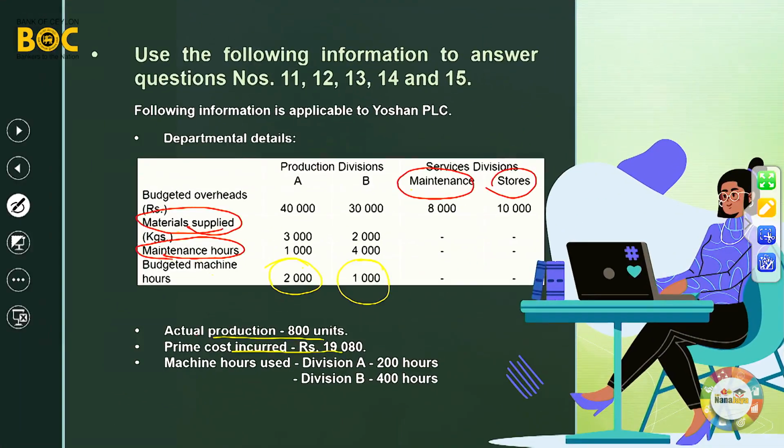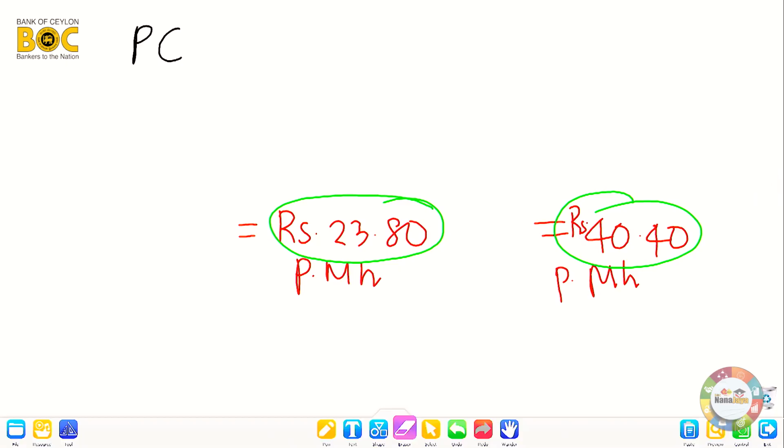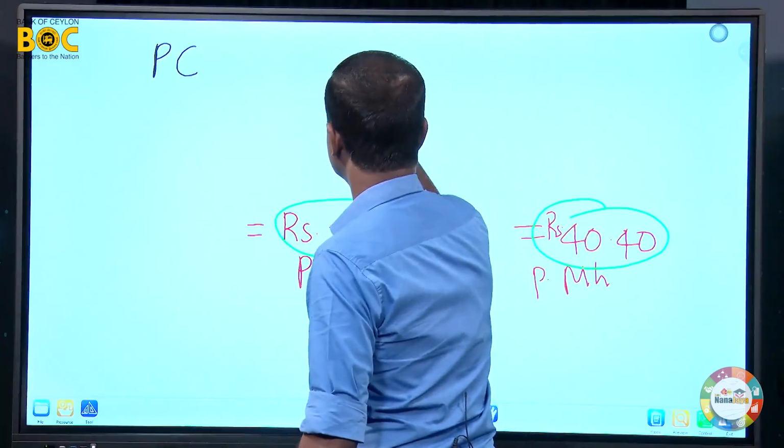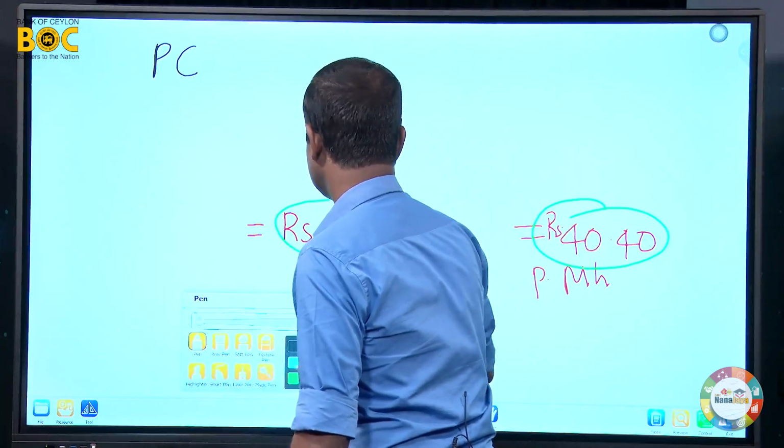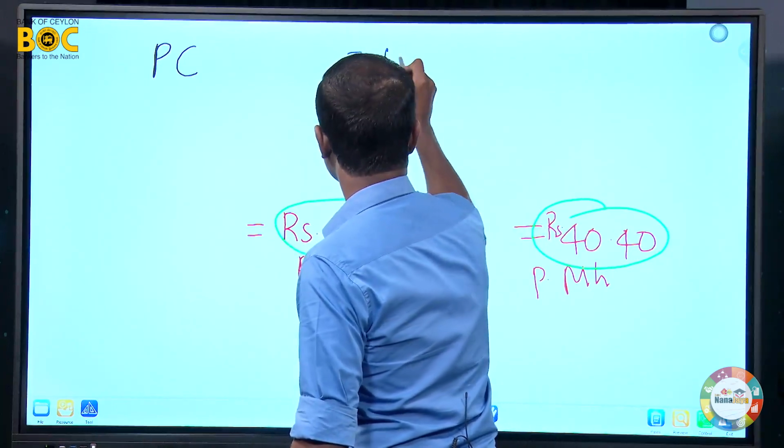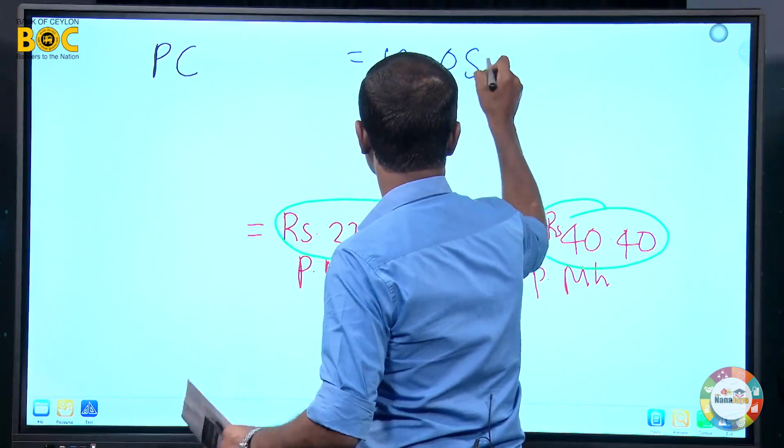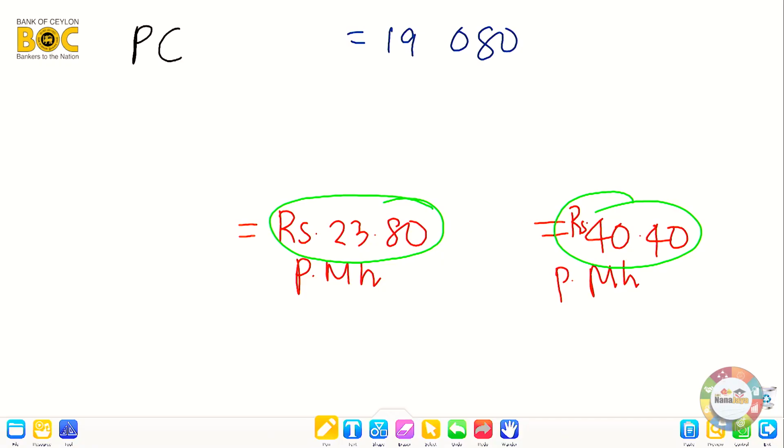The prime cost incurred is 19,080 rupees.